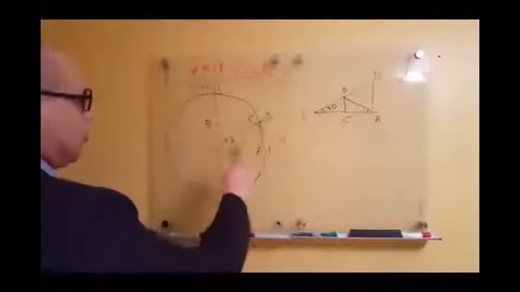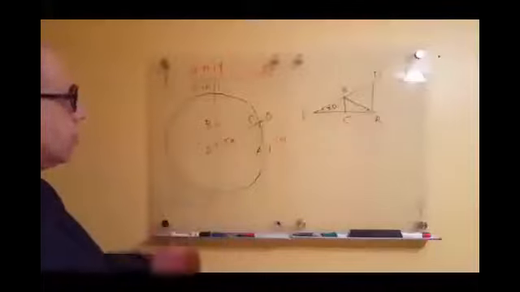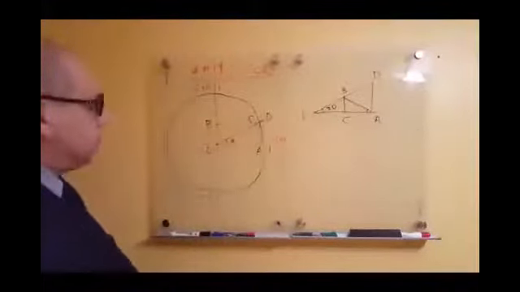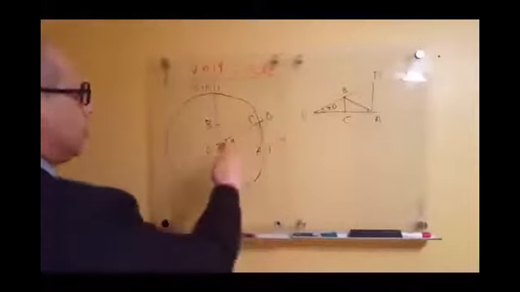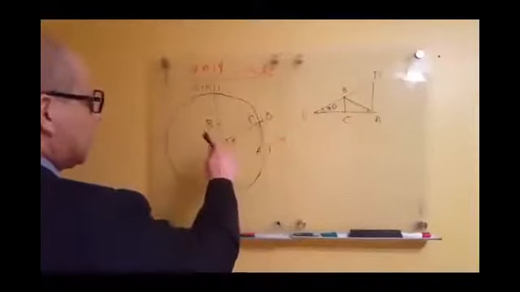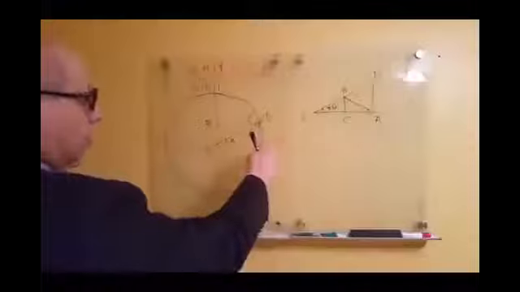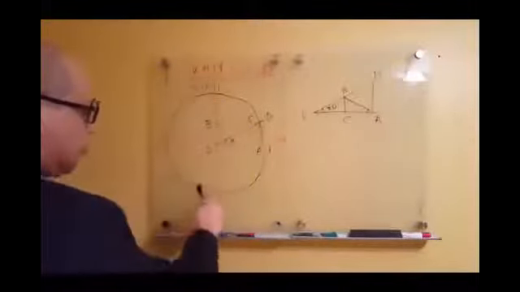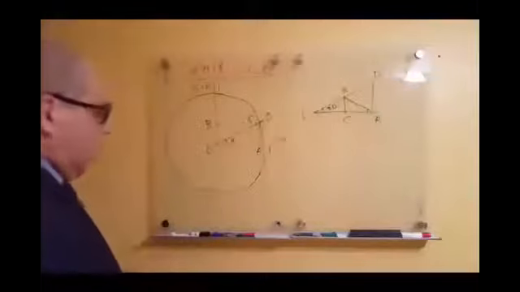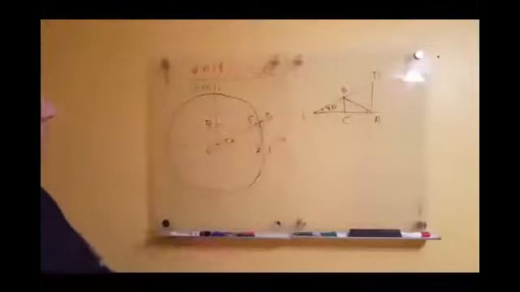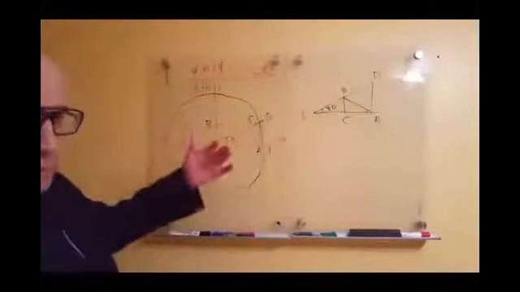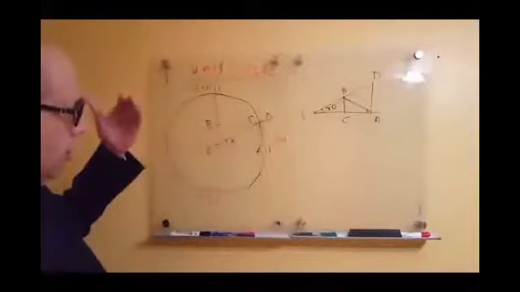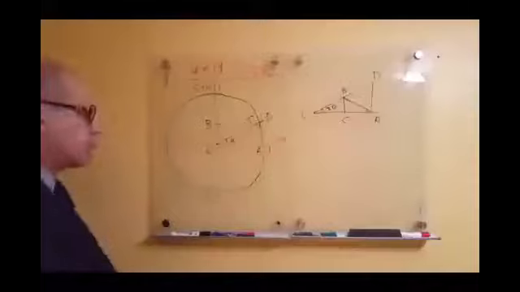As we said, the unit circle has radius 1, that's why we call it a unit circle. Of course, here is the origin 0, this is 1, this is 1, and here is the negative, -1 and -1.